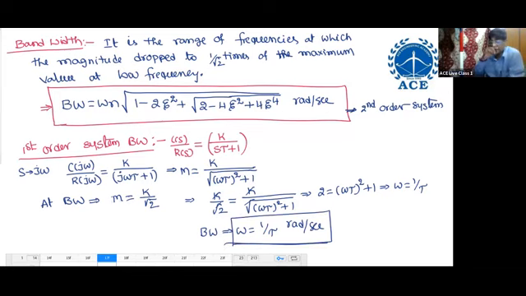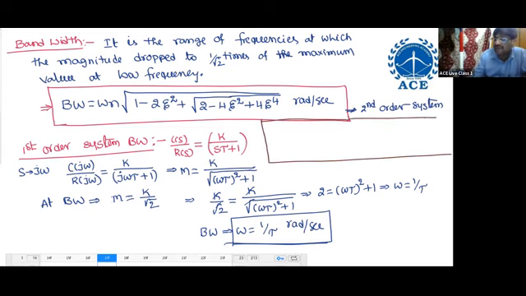Second order bandwidth is omega n times root of 1 minus 2 zeta square plus under root of 2 minus 4 zeta square plus 4 zeta power 4. But there is a simple shortcut for the second order system bandwidth, remember it, in case time does not permit.